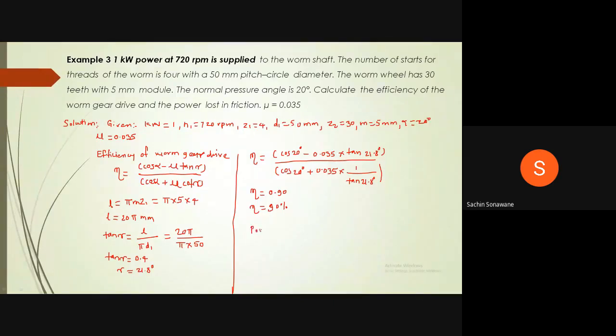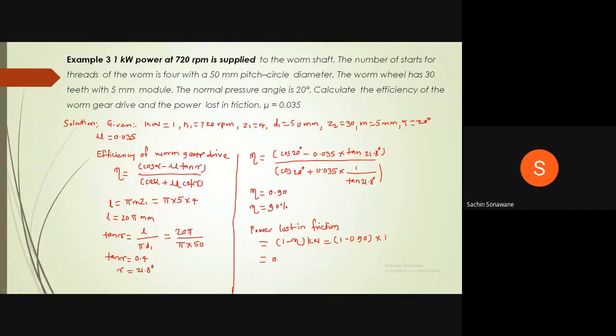Now, power lost in friction is equal to 1 minus efficiency into kilowatt. Substituting the values, 1 minus 0.90 into 1. How much power is lost? 1 minus 0.9 means 0.1.